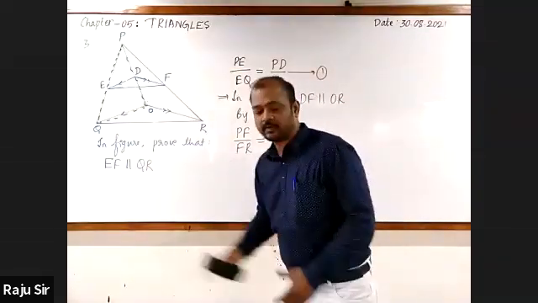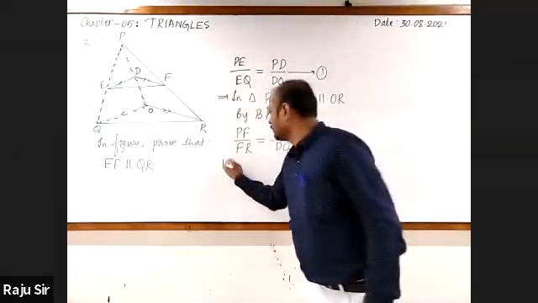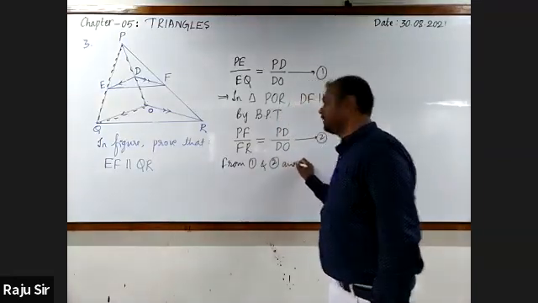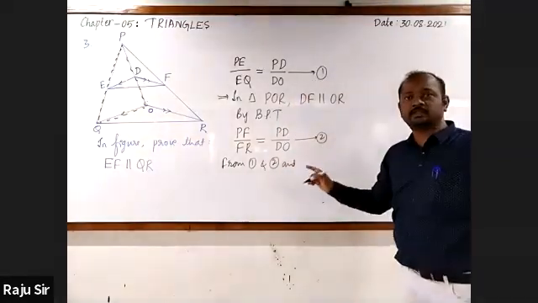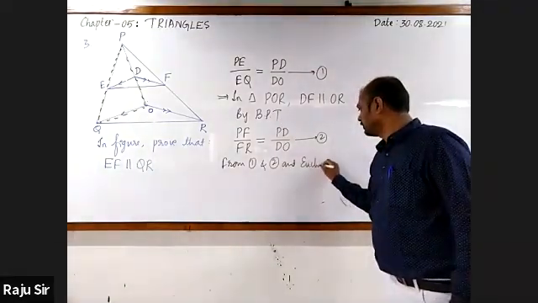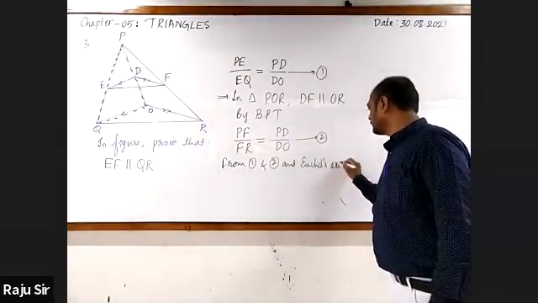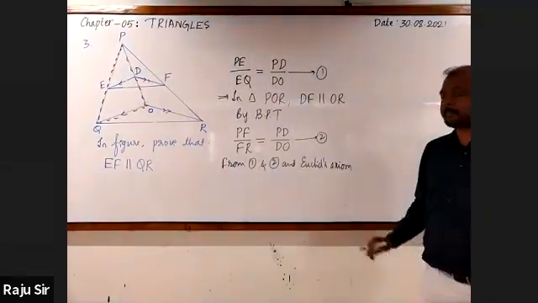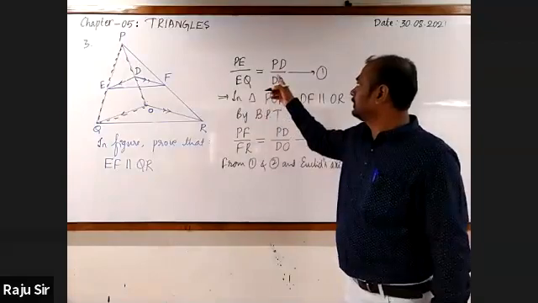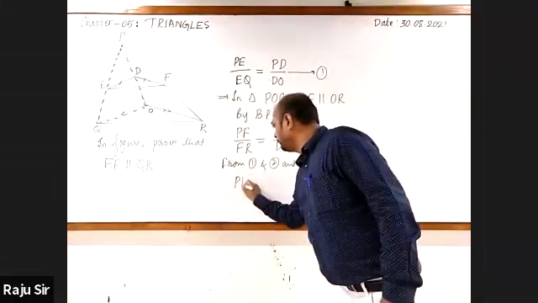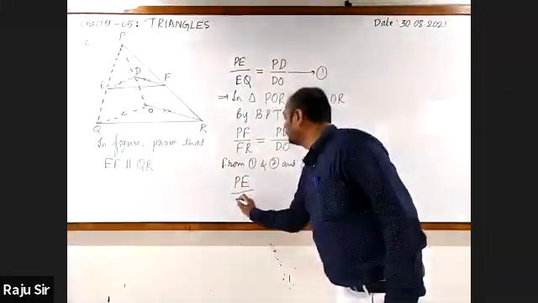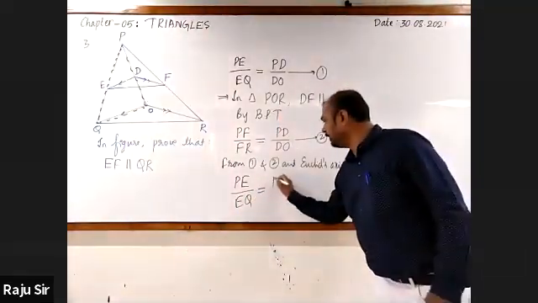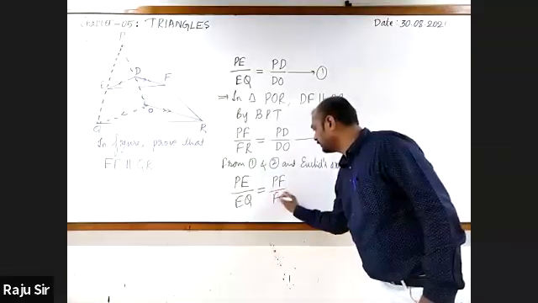Further, from 1 and 2, by Euclid's axiom, here it is: PE by EQ is equal to PF by FR.